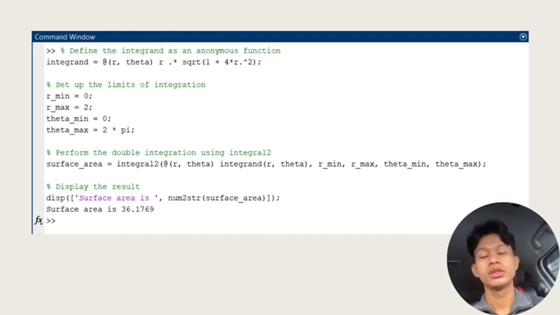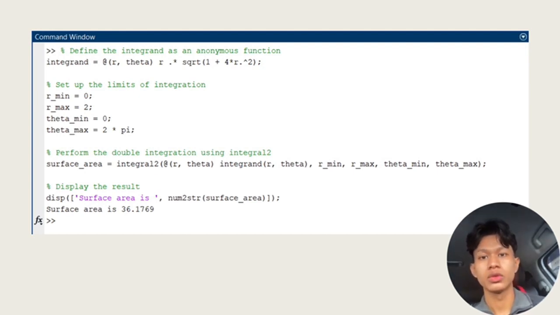After that, we need to find the surface integral formula for this equation z equal to 5 minus x squared minus y squared, to find dz over dx and also dz over dy. After that, we can convert into polar coordinates.